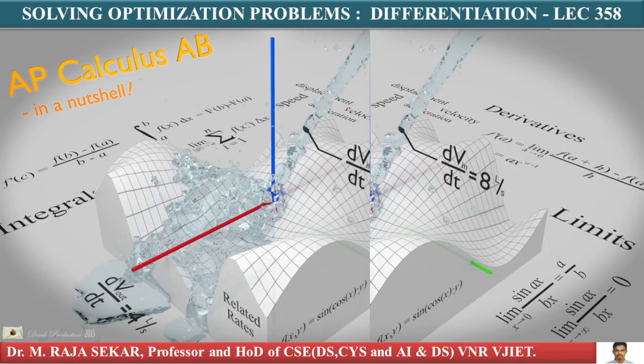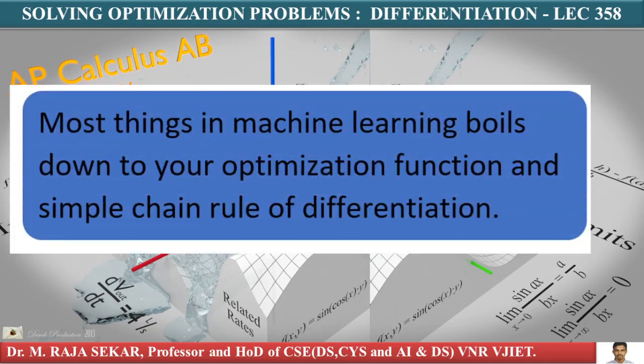This is lecture number 358. In this lecture, we will try to understand differentiation in the context of solving optimization problems. In machine learning, the most important ideas of calculus which are most often used are the basic differentiation.